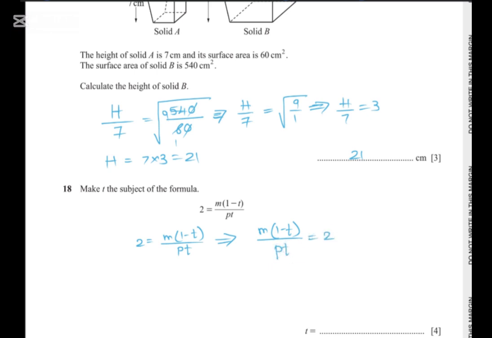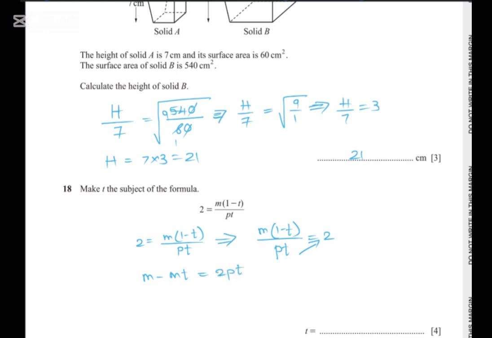Cross multiply. m into 1 minus T, and at the same time you can multiply m into 1 and m into minus T. So m into 1 is m and m into T is mT. That will be equal to 2 into PT, that is 2PT.